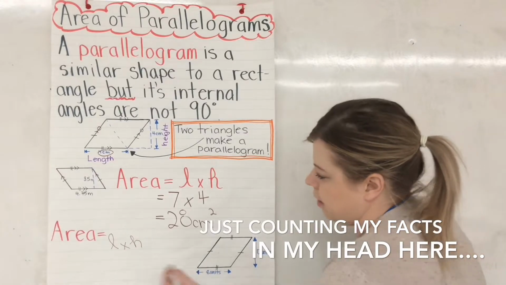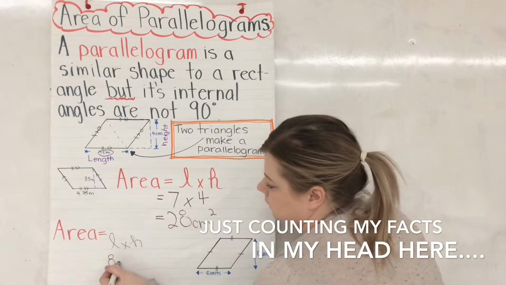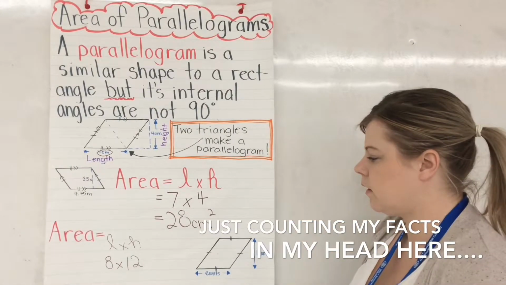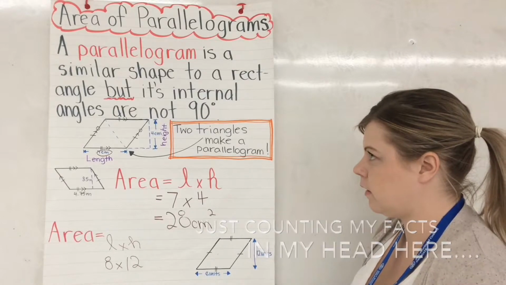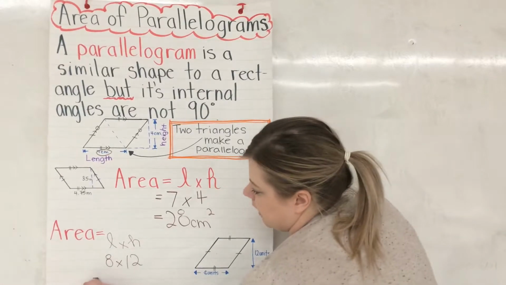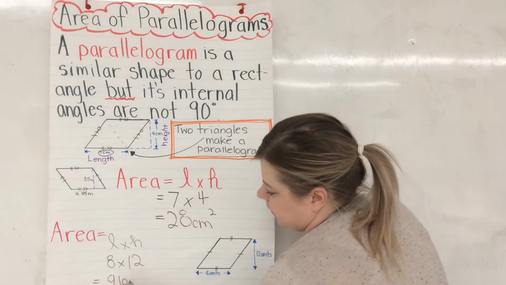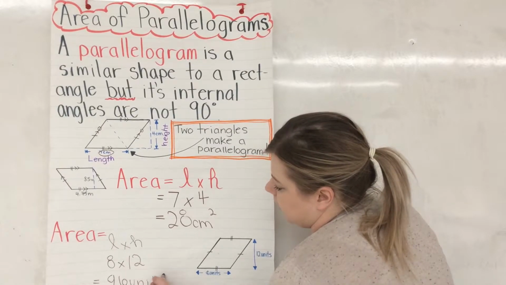And my length on the bottom is 8 units. And my height is 12 units. So I know that 8 times 12 is 96. I know that it's in units, so I just write the word units here. And I got to put that square.